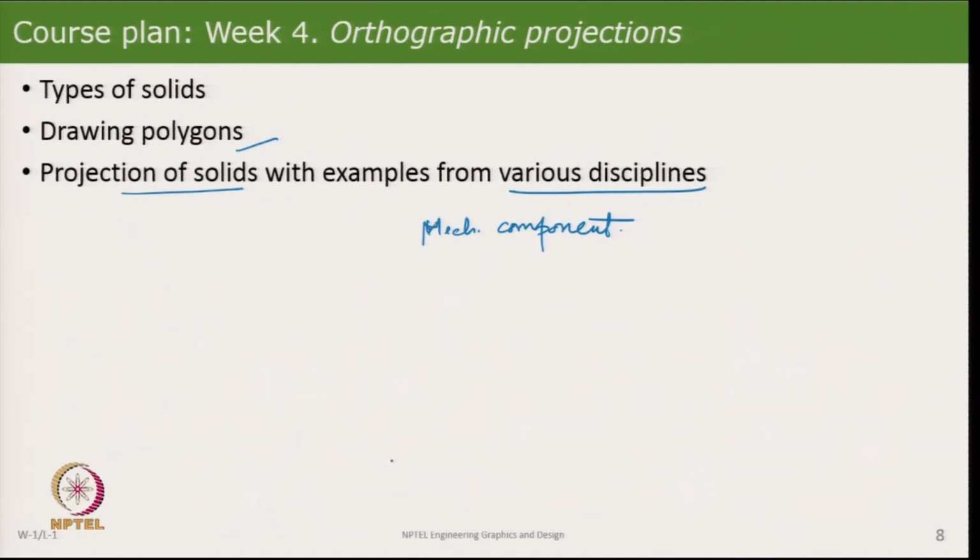It could be your domestic pressure cooker, it could be your LPG stove, it could even be the shoes or the slippers that you are wearing. In some way they are all mechanical components. We represent them by that broad category. Then we look at electrical systems and most importantly civil engineering projections. How do I show the projection of a building, of a house, or a plan of a road, like that?